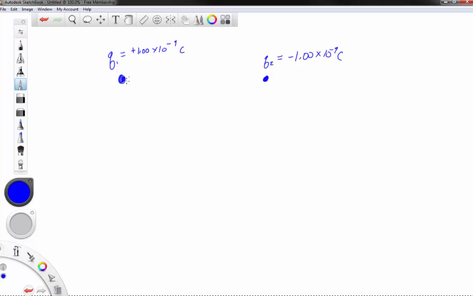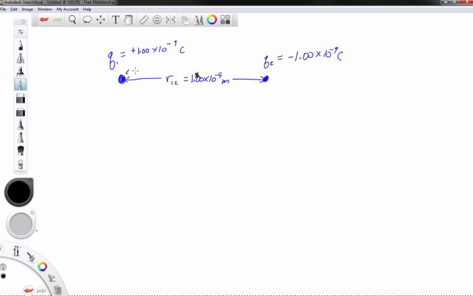They are separated by a distance of r12, which is 1 nanometer. So 1 times 10 to the minus 9 meters. And where is it that we want to find our potentials? I'll go ahead and mark it with a set of x's. So one point would be right here.